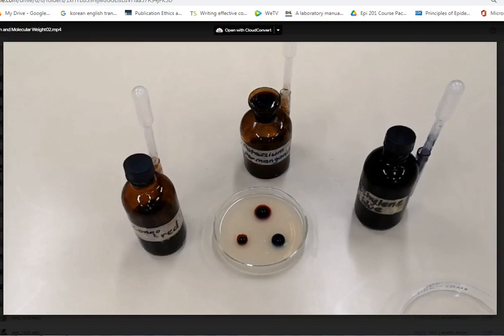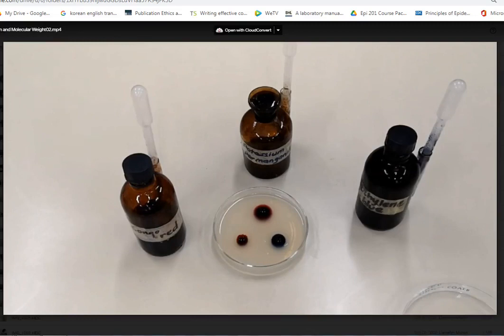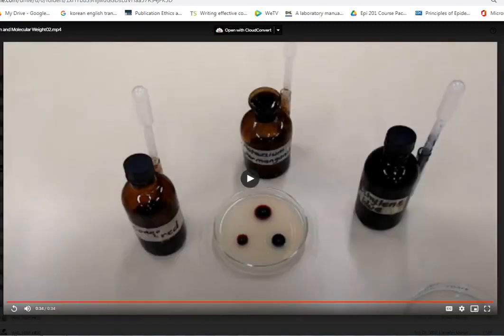It will take about 30 minutes to finish this exercise. After 30 minutes, we will measure the diameter of the colored ring around the holes in millimeter, and then record them on our activity sheet.